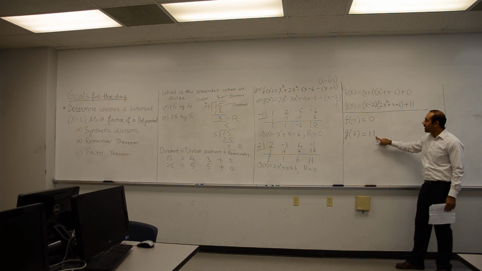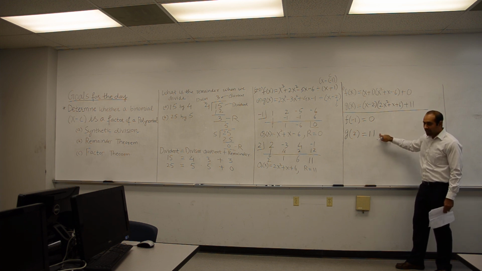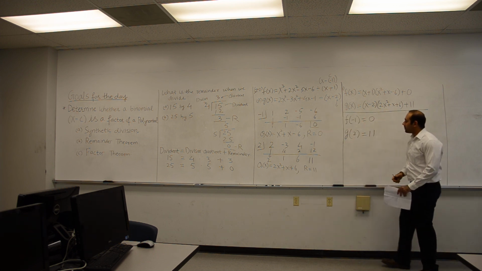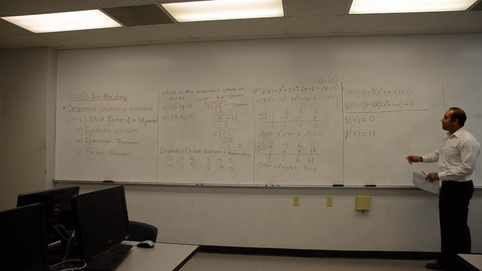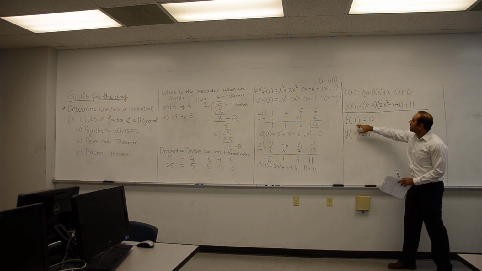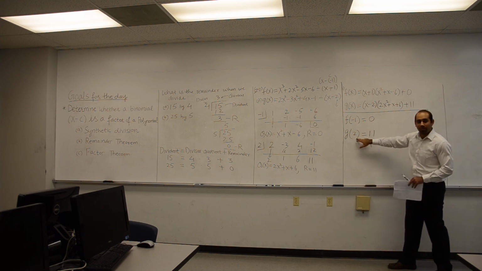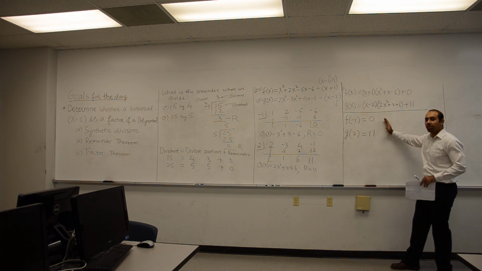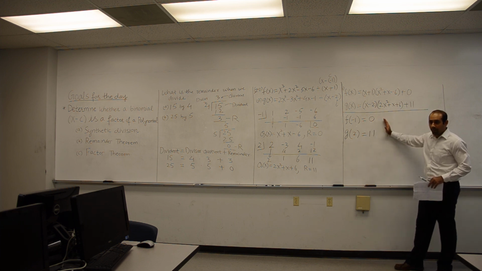So it turns out that we can find the remainder, well, we can certainly find it by using the synthetic division, but we can also find the remainder by using these points, -1 and 2, in the original function. That would also give us the remainder. Okay? And this is what the remainder theorem says.